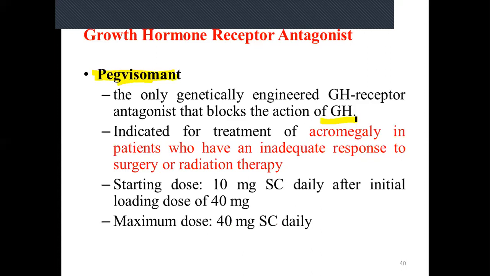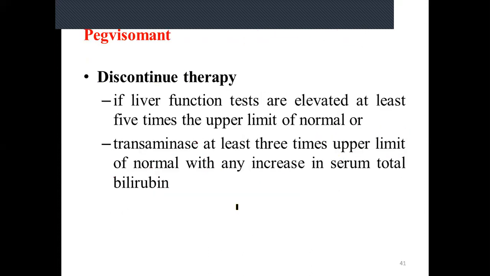Mostly, this one is given in refractory conditions when a patient is not responding to surgery and radiation therapy, and it is usually given as 10 milligrams subcutaneously daily after a loading dose of 40 milligrams. The maintenance dose is 10 milligrams, then you titrate until the maximum dose of 40 milligrams. That is the most important.